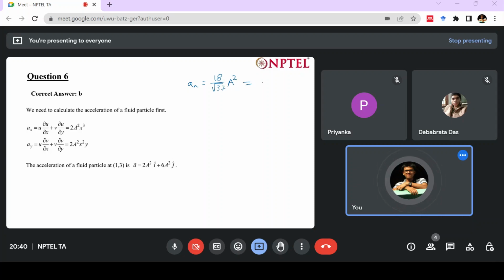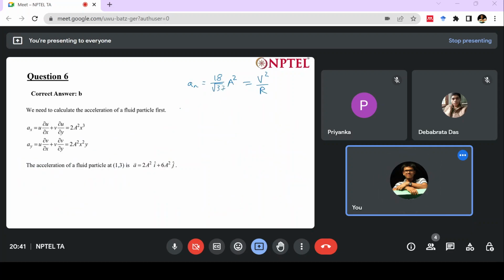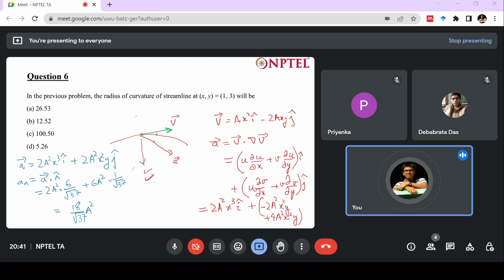Now what this will be? This will be equal to v square by r, right? V square by r. So v square again we have to find out. So let me find out v square here. So v square is basically a square x to the power 4 plus 4a square x square y square.